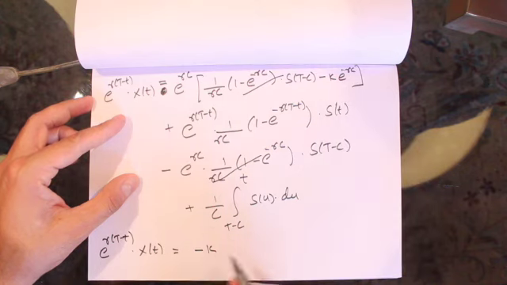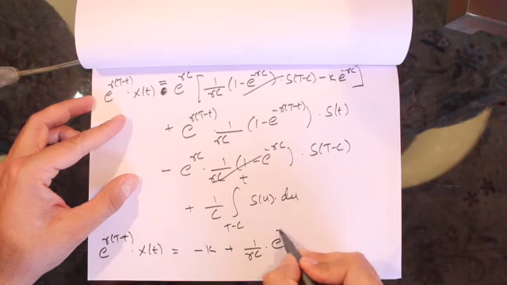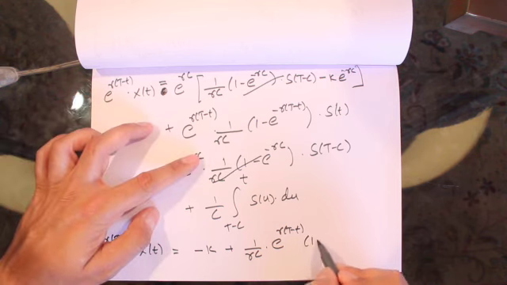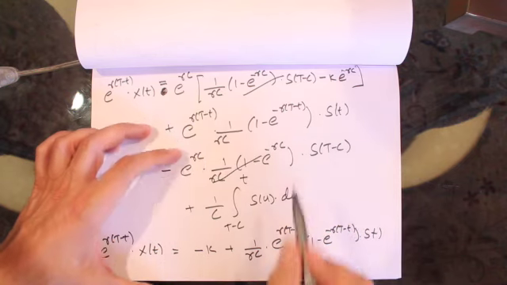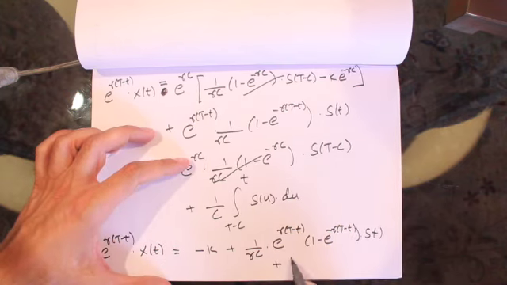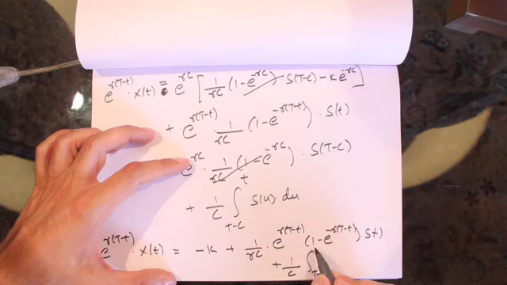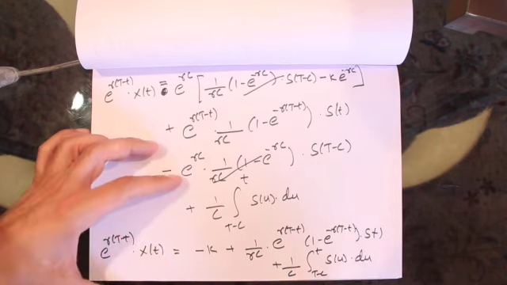I'll get minus k, and then I have this plus 1 by rc e to the power of r(T minus t), 1 minus e to the power of minus r(t minus t) s(t), okay? And then I finally have this last integral from t minus c to t of s(u) du, okay?